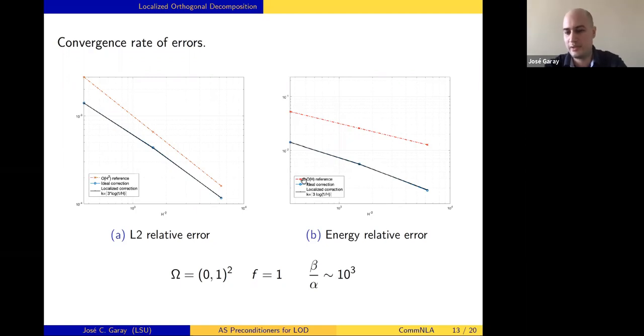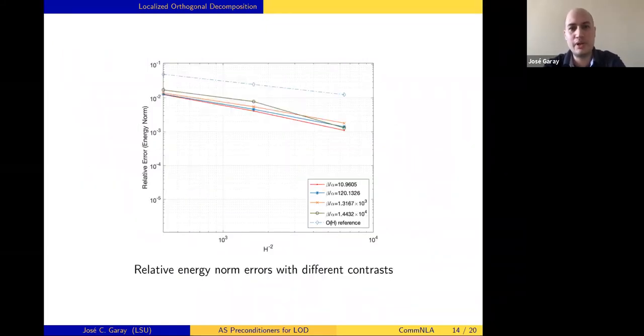So our theoretical results can be observed in practice. This is another result where we see the behavior of the energy error, but now with different contrasts, and the behavior is the same. That means that if we choose k as explained before, we obtain similar behavior and the ideal convergence rates.